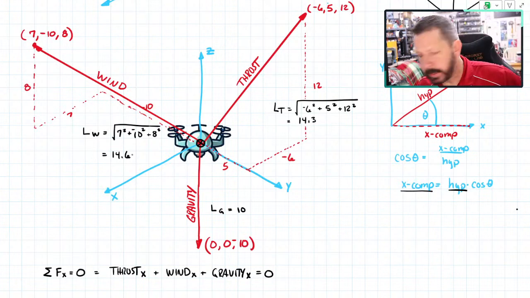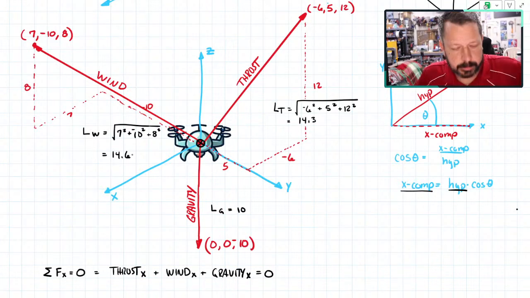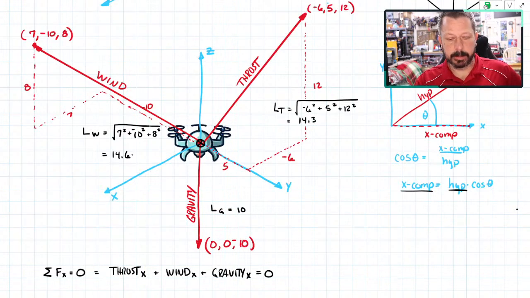I'm not too worried about the units here. In another situation, these could be cables that are holding something, and these are actual dimensions. For us, they're forces, like the thrust force, the wind force, and the gravity force, and the dimensions represent different magnitudes in all those different directions, but they could be distances too in other settings.